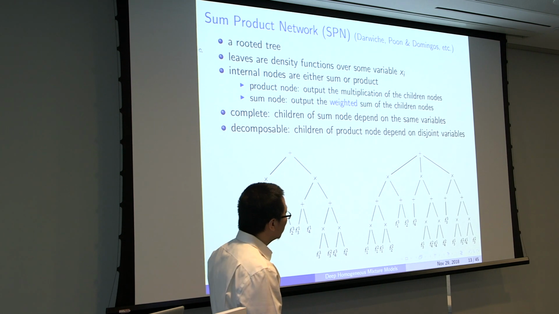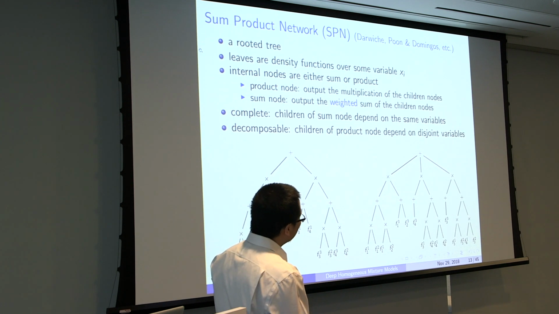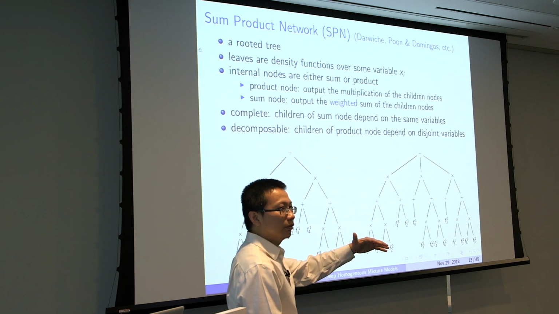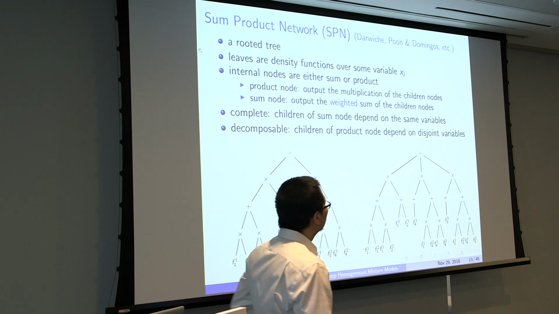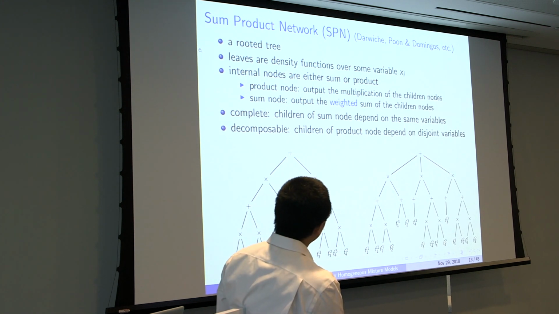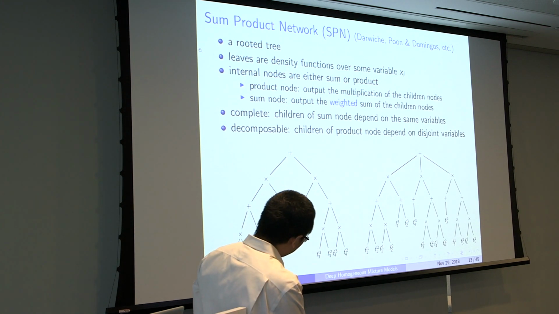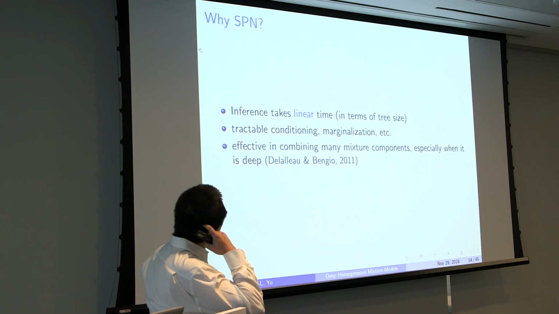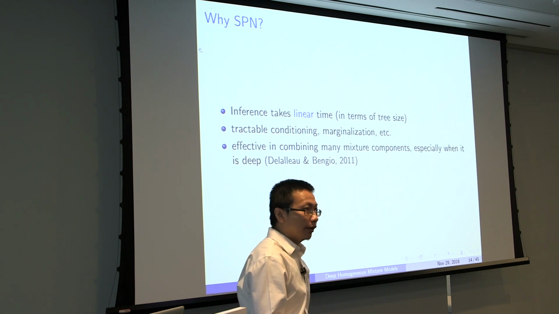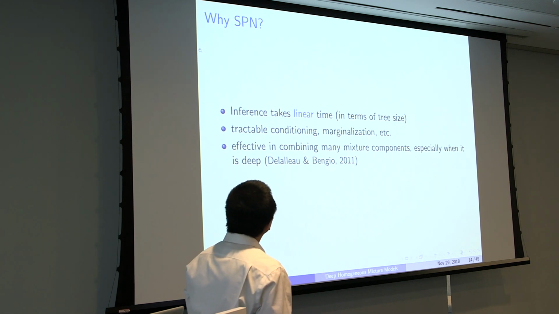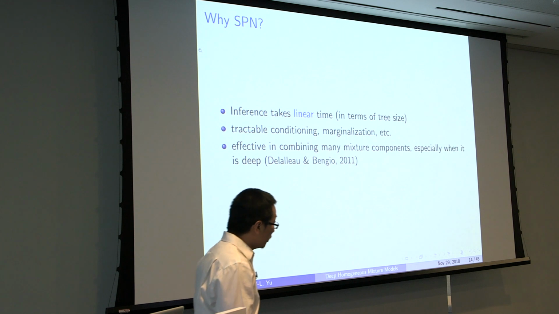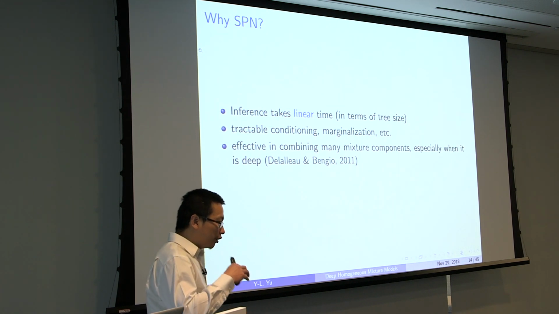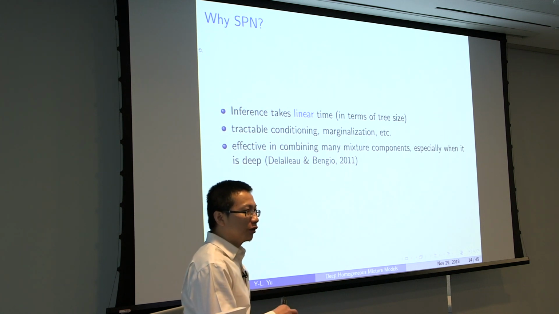A self-similar SPN means that if you look at the children of every sum node, they look very similar, like they're copying each other. Whereas if you look at the sums of this one, they're actually different because the variables are different. Okay? So why do we care about sum product networks? There are a variety of reasons. The most important one is that for most graphical models, it's very difficult to train and very difficult to do inference.